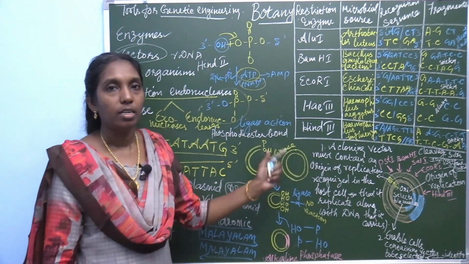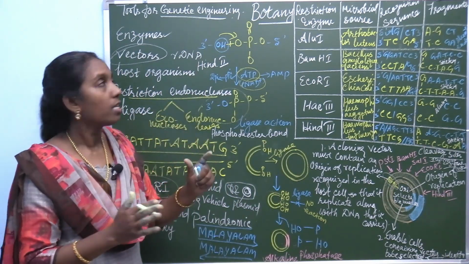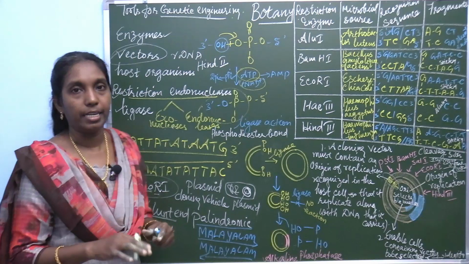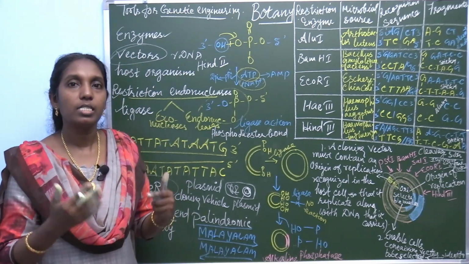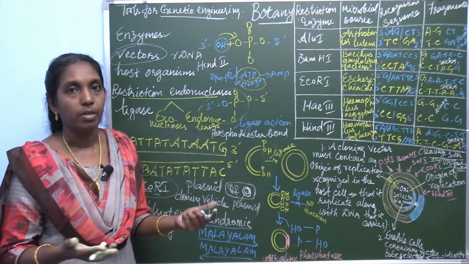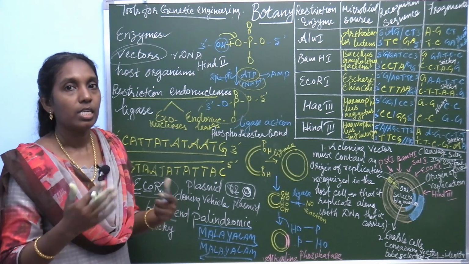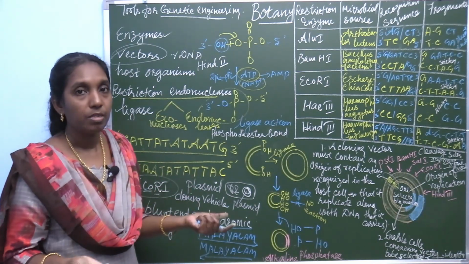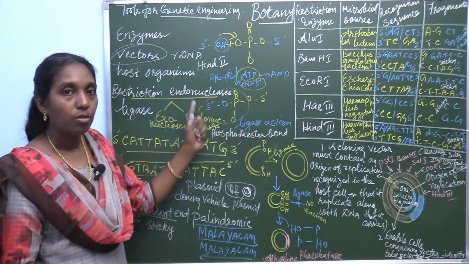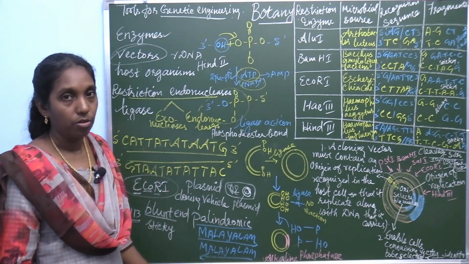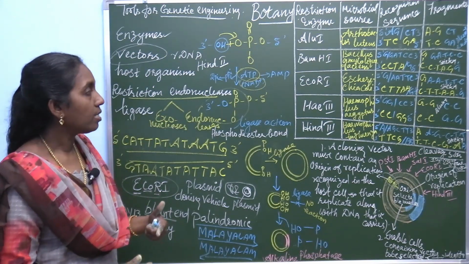So, once again recall what you learned today. Today's topic is tools for genetic engineering. What are the tools? Enzymes, vectors and host organism. Today you learned only two topics, enzymes and vectors. Next class you are going to learn different types of vectors. Today you learned restriction endonucleases, how they act as molecular scissors.